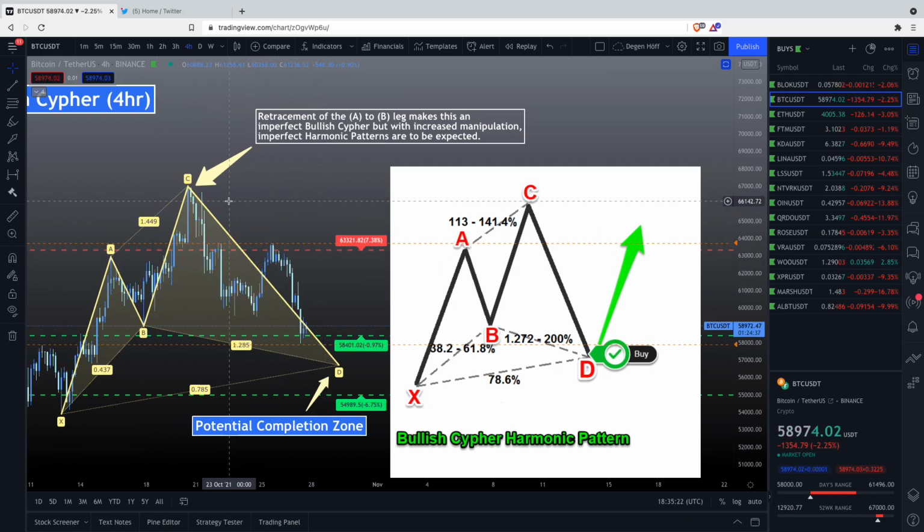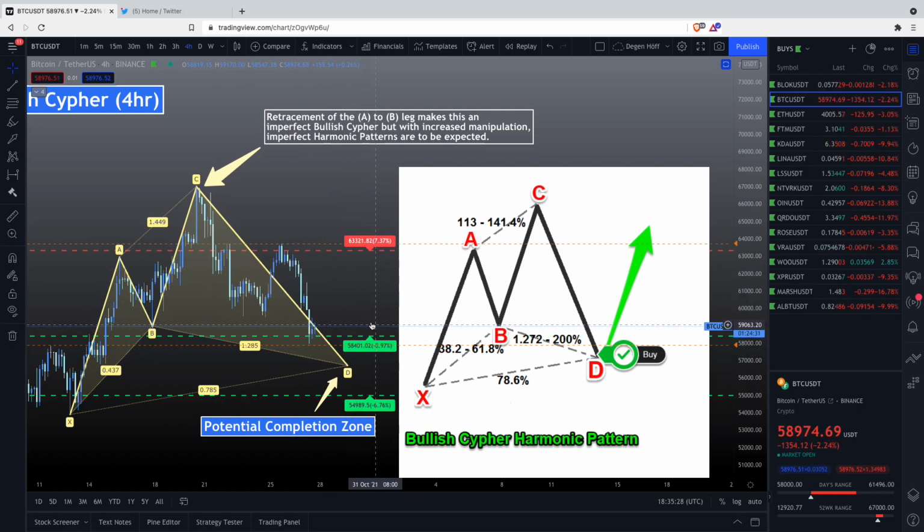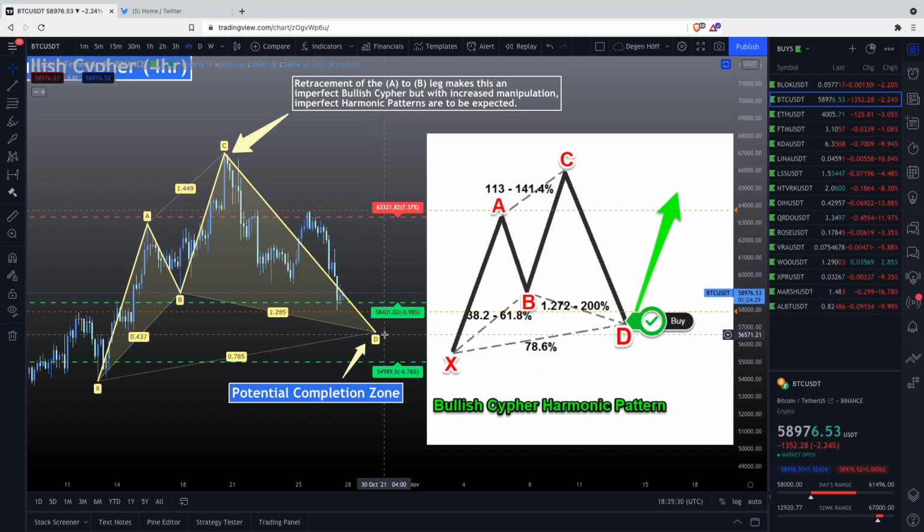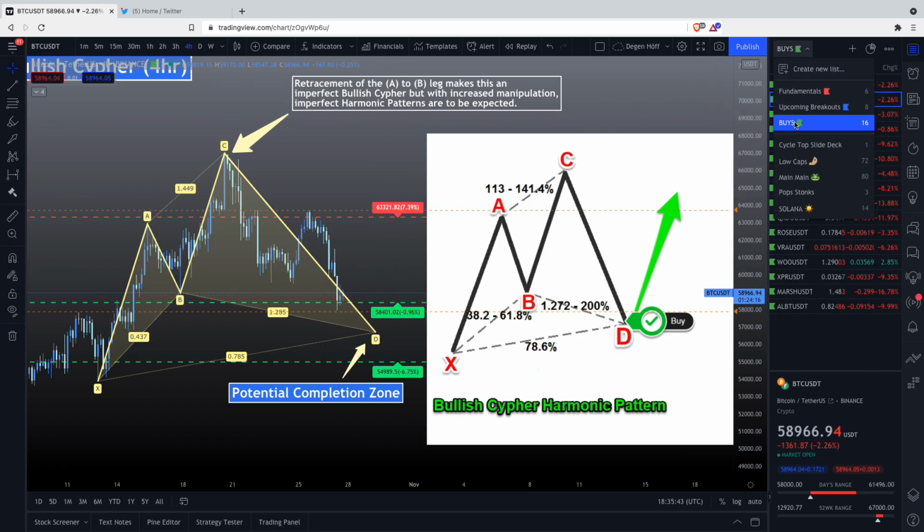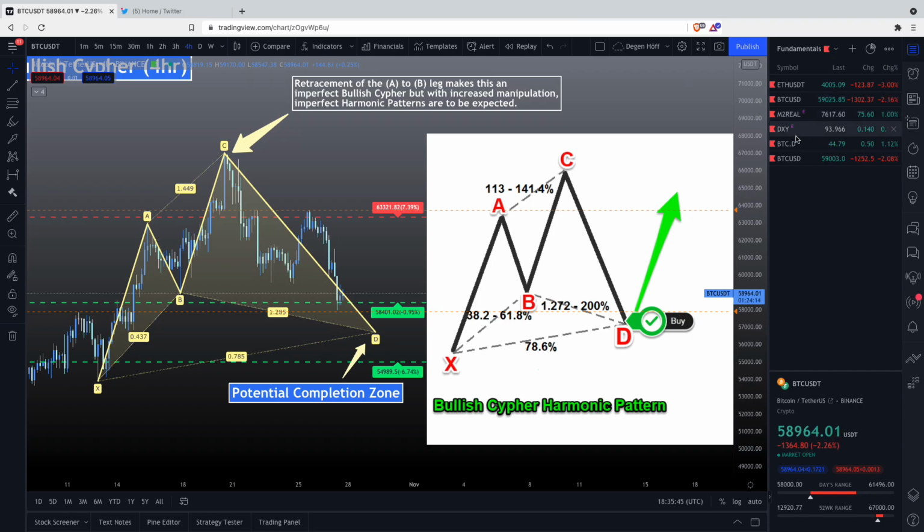Minimum 50% of this last move I would look for, but again, it could only be a 382 retracement as well. Point being, if we complete at the D, we're at 5679, so that's the number I'm really trying to watch, and it actually coincides with the negative pattern that we're tracking here.